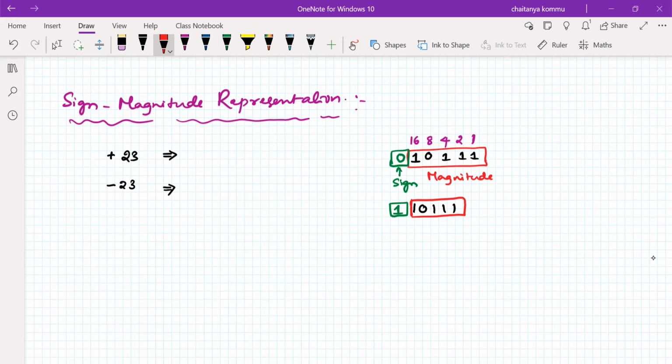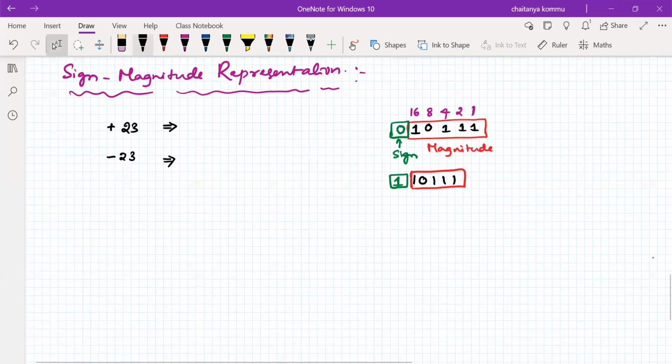Is it clear to all of you? I will give you one number so you can understand, or you can tell me what that value is all about. For example, suppose 0, 1, 1, 0, 1.